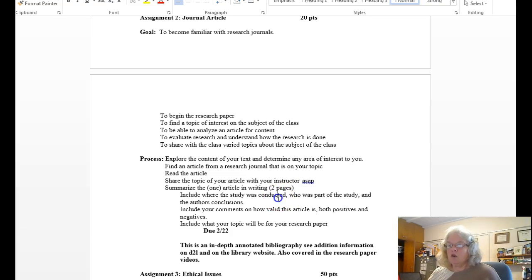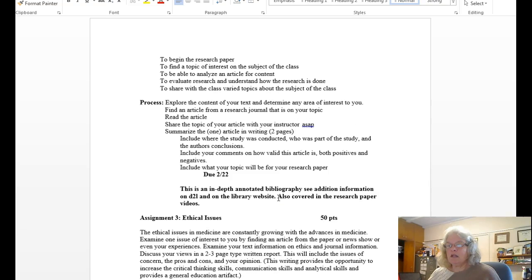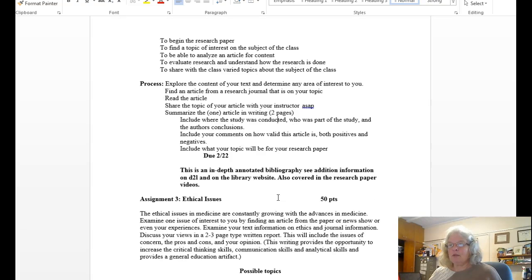Much longer than a normal annotated bibliography. This is an in-depth annotated bibliography, and directions for the annotated bibliography and how to do one are on your content page, as well as a link to directions on the library website.